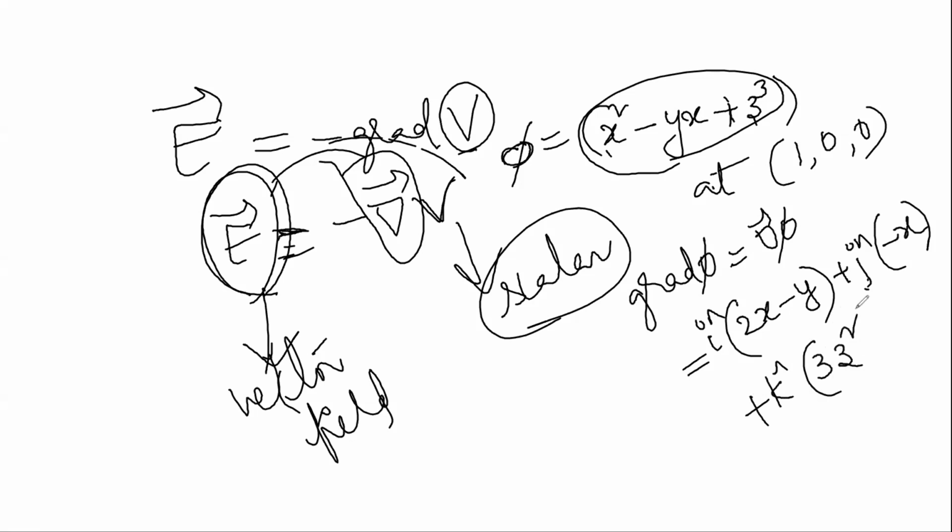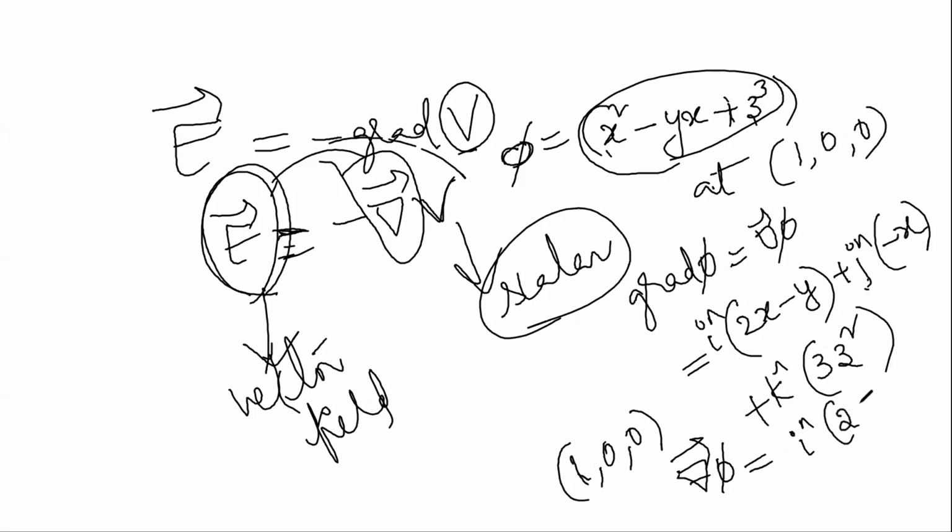Now I have to calculate grad phi at the given point 1, 0, 0. Substitute: for x substitute 1, y 0 and z 0. So what do I get? i cap into 2 minus j cap plus 0.